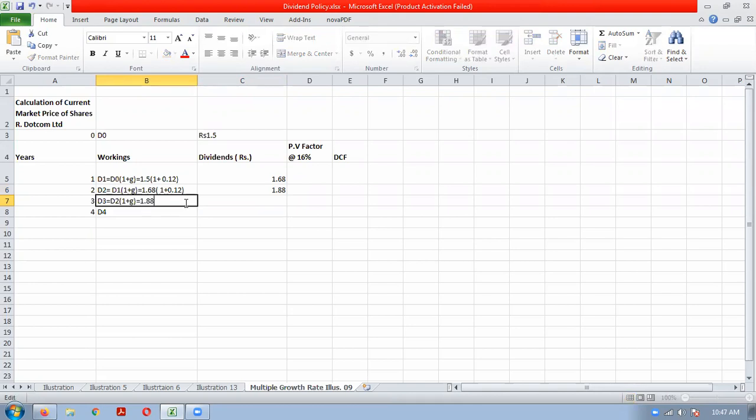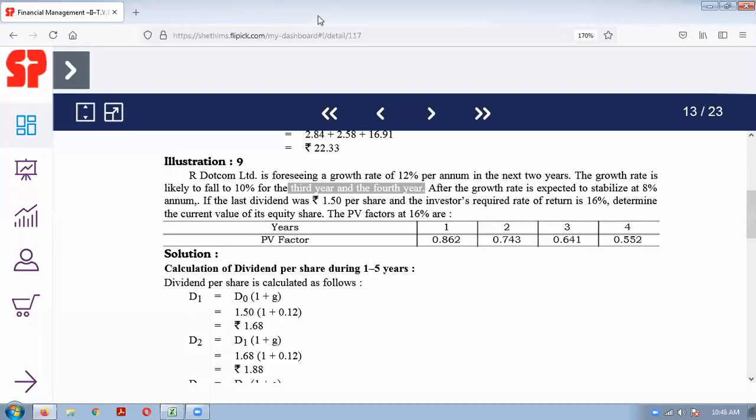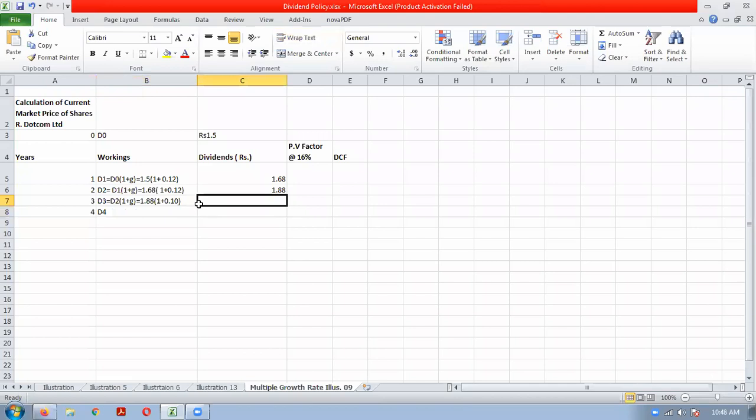Check everybody, 1.88. 1 plus 0.10, because growth rate for the third year is 10 percentage. If you see the question, growth rate for the third and fourth year is 10 percentage. So solve this part: 1 plus 0.10 into 1.88. It is 2.07.